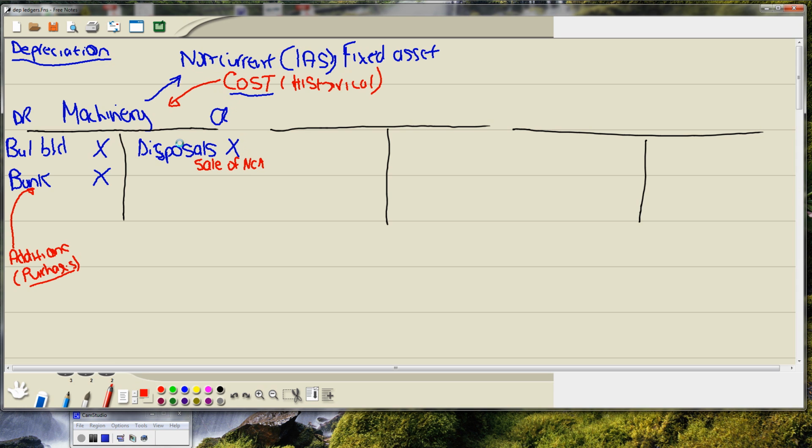This entry here, disposal, I think is quite a common word for accounting students to know by now. Disposals means to sell a non-current asset, but if we're selling a non-current asset, we're hardly going to be selling this addition during the same accounting year. More than likely we're selling something from this balance b/d from a previous year.